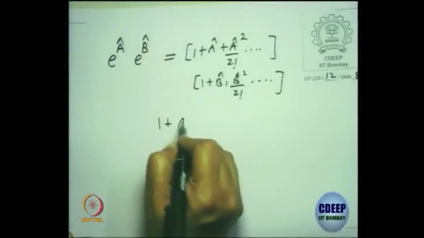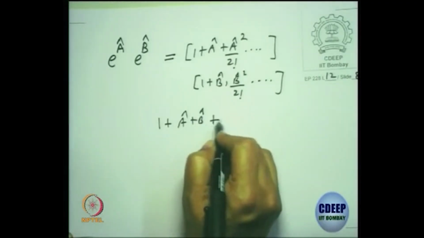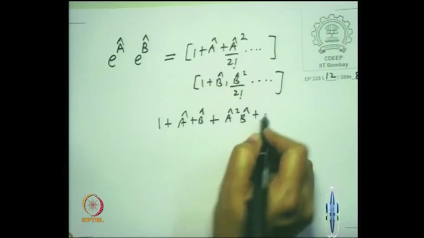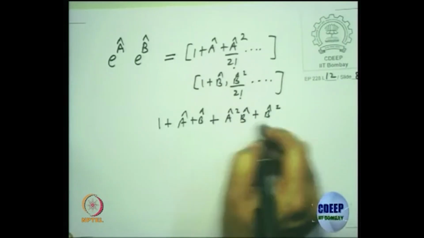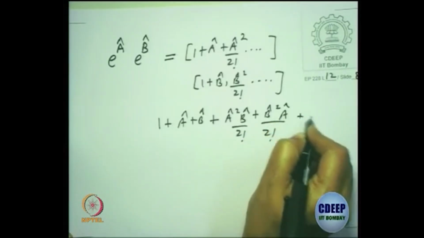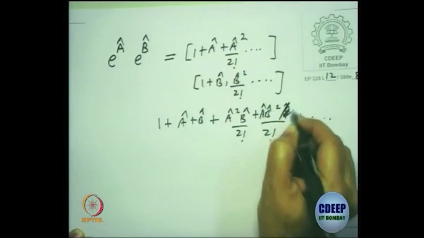Okay. So a lot of things will happen. You will see there will be a 1 plus a plus b, plus then you will also have a squared b plus b squared a, and so on. So a's will always be on the left side.